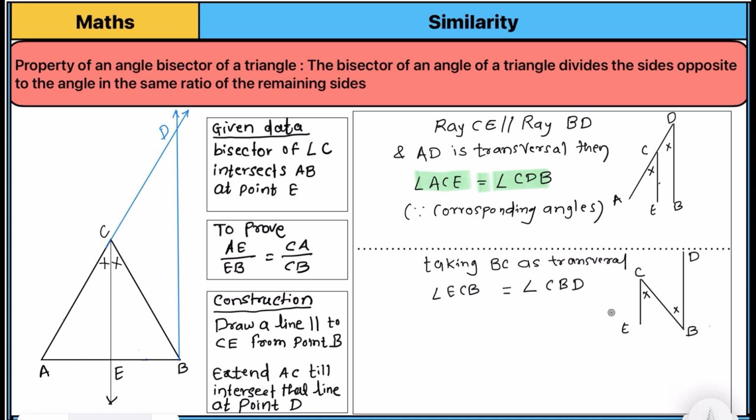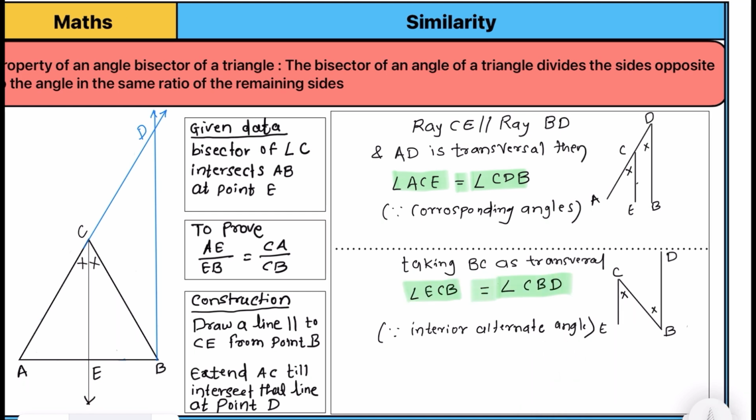Let me draw this here again for simplification. Now you can see angle ECB is equal to angle CBD. We already know EC and BD are parallel to each other. Hence, these two angles become alternate interior angles. Hence, they are equal. So angle ECB is equal to angle CBD.